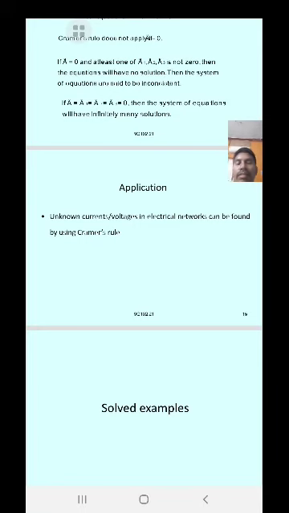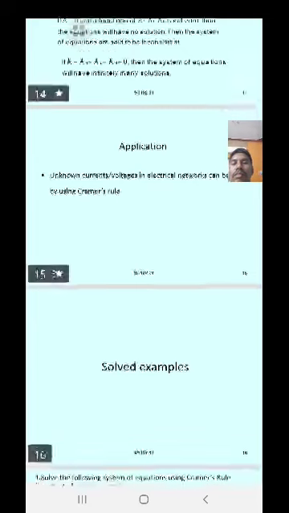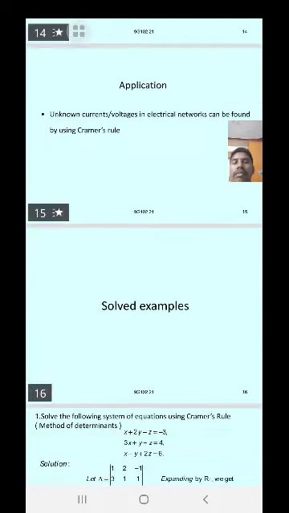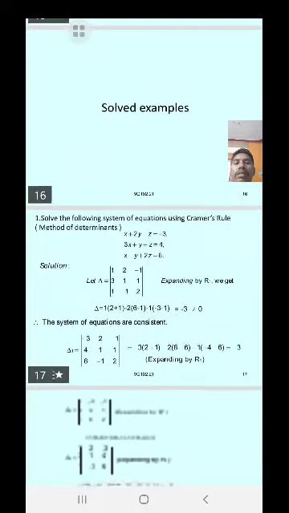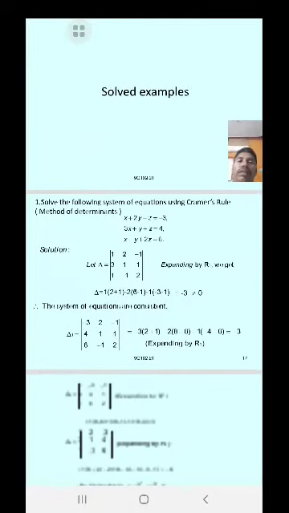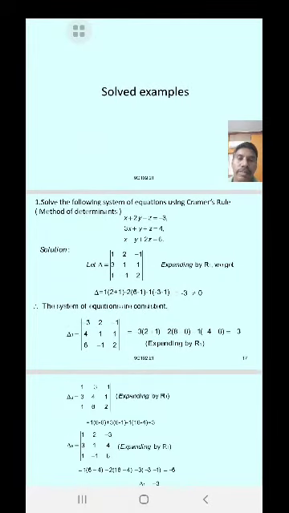Application: unknown currents or voltages in electrical networks can be found by using Cramer's rule. Solved examples.